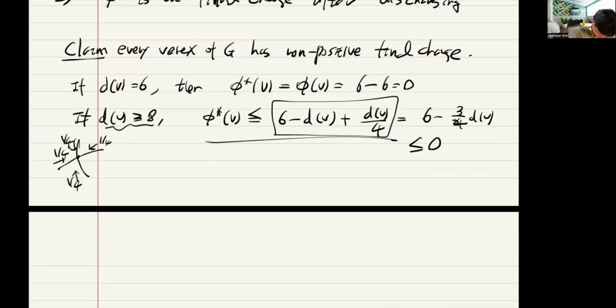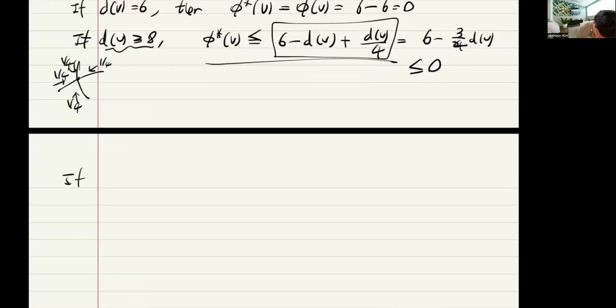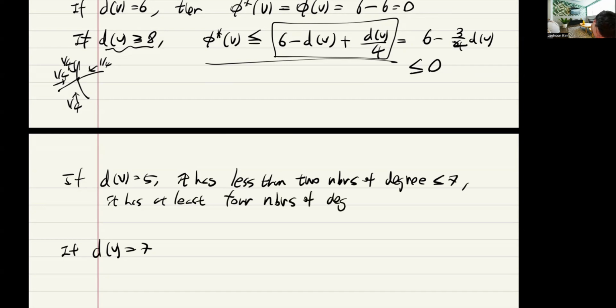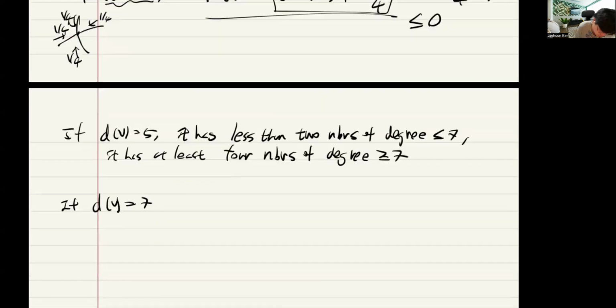So now we have two cases: degree 5 and degree 7. If a vertex has degree 5, then what? It has fewer than 2 neighbors of degree 6 or more. So it has at least 4 neighbors of degree at least 7.